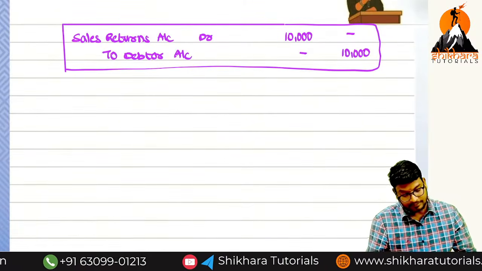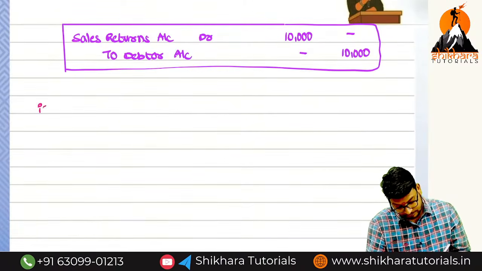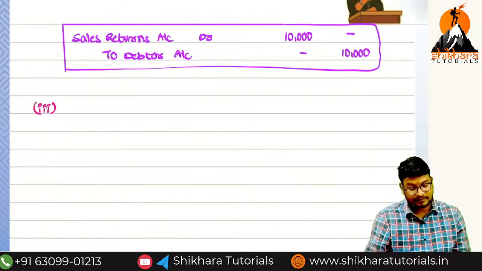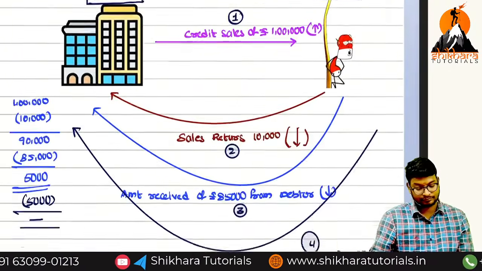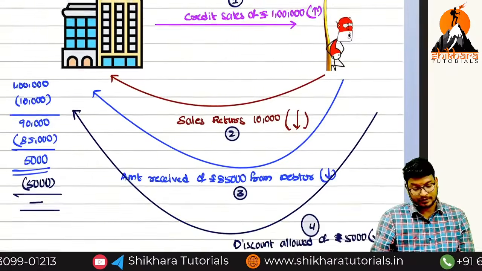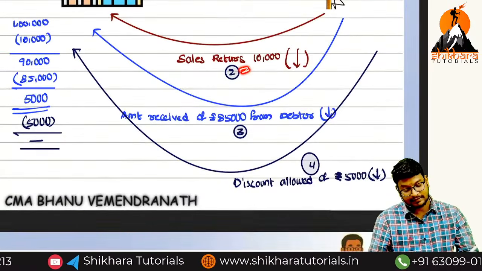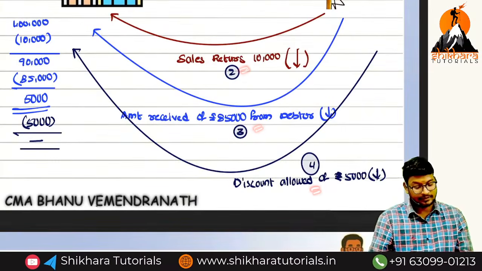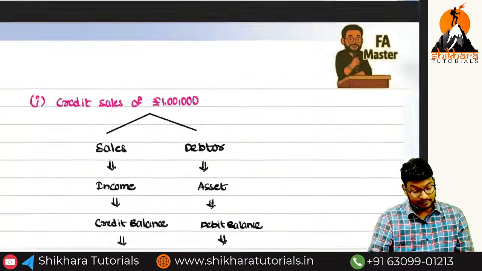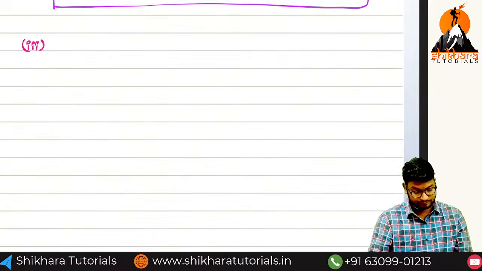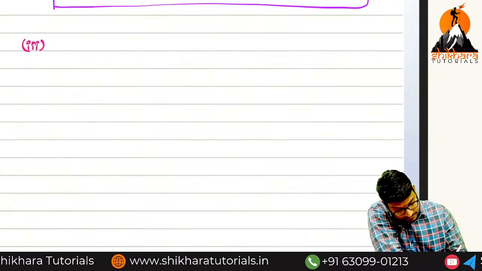What is the third point, ma, from above? Collection of cash. Okay? First we have seen trade sales, sales returns, next collection of cash and discount allowed. Okay guys, now what is the point?